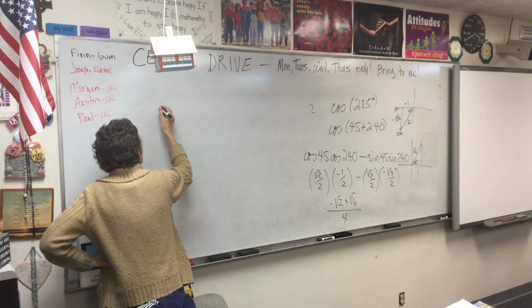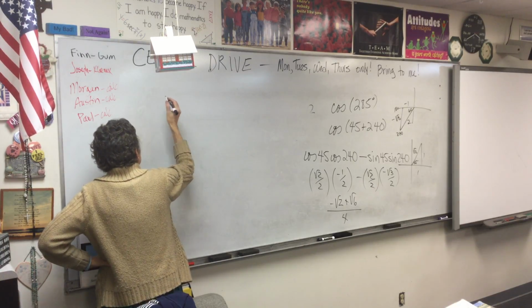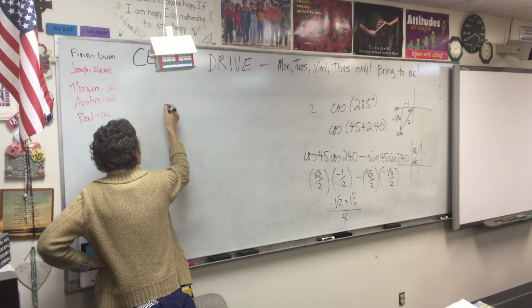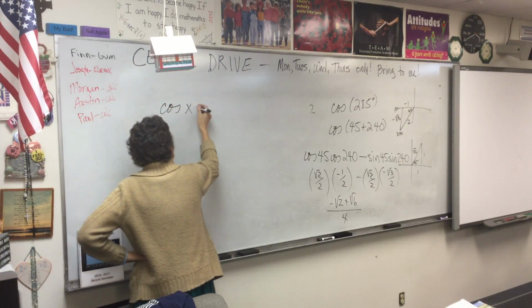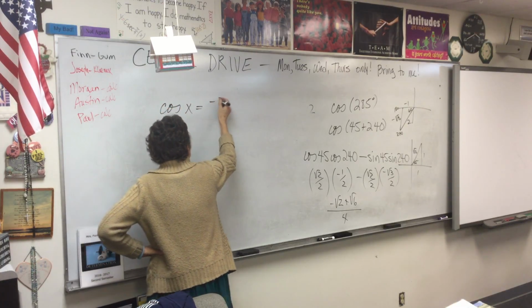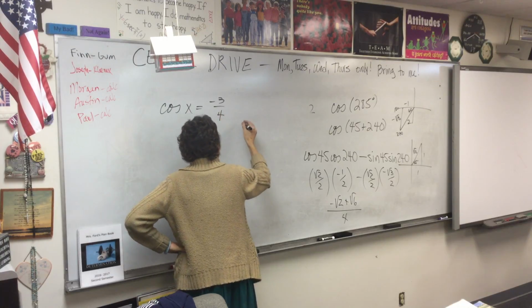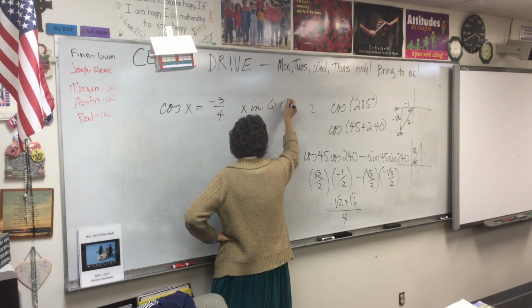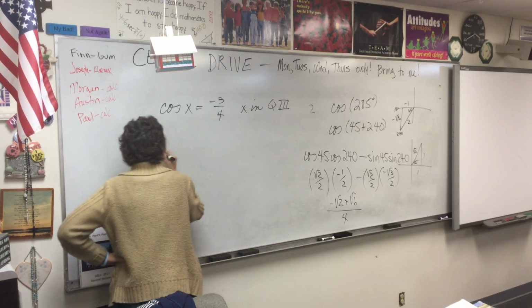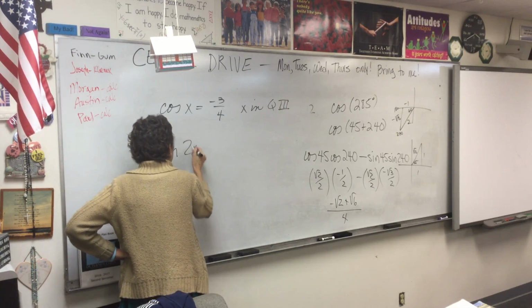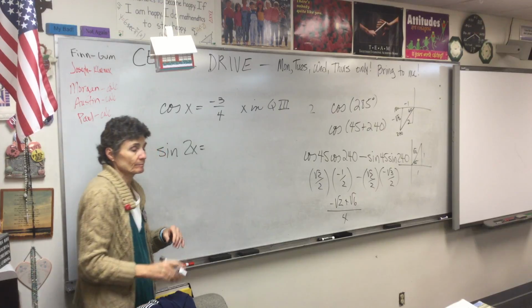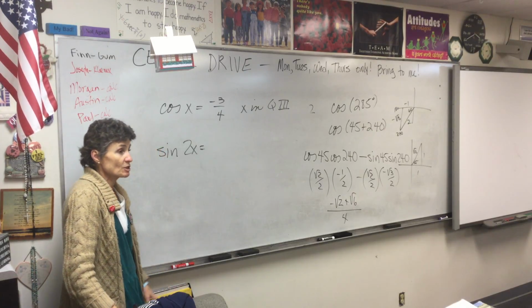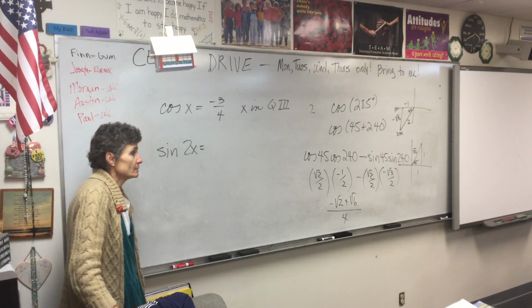Let's review quickly what we learned yesterday. Suppose I said to you that the cosine of x was negative 3/4 and x was in quadrant 3. Find the sine of 2x. So this we talked about yesterday.